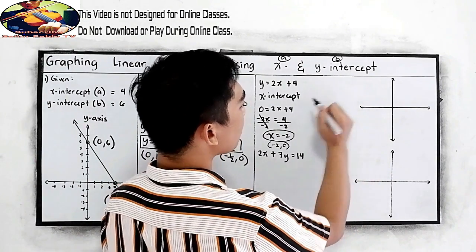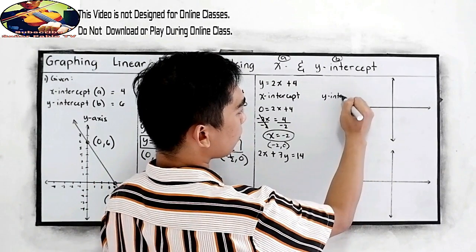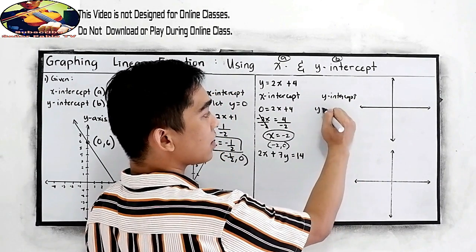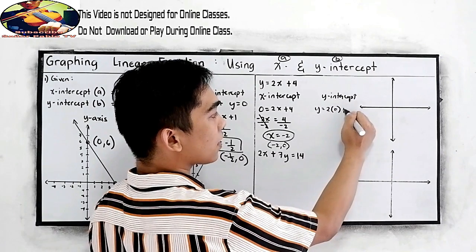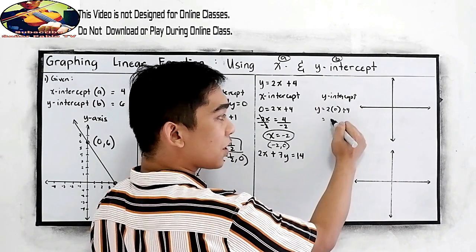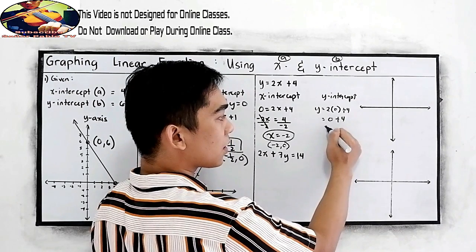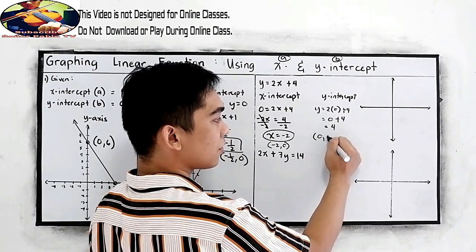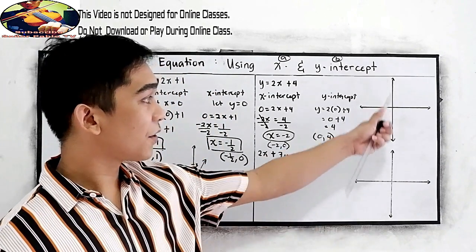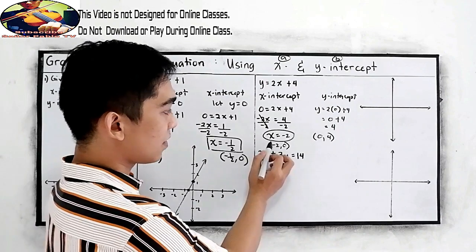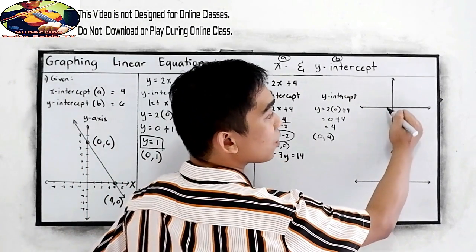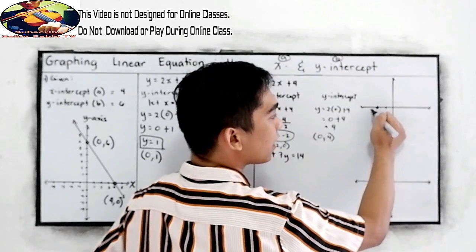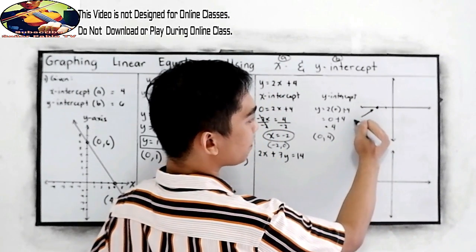And for the y-intercept, let x be 0. So y is equal to 2 times 0 plus 4. So 2 times 0, 0 plus 4, positive 4. So the point is 0, positive 4. Graph in our Cartesian plane, negative 2, 0. This is our x-intercept.